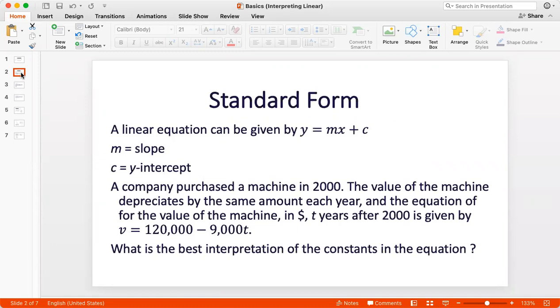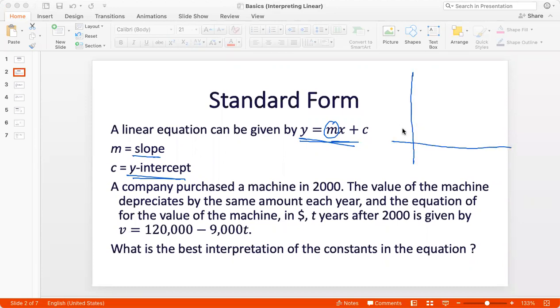We know that the standard form of the linear equation is given by y is equal to mx plus c, where m is the slope of the equation and c is the y-intercept. So if I were to draw this on the coordinate plane, and this was my equation y is equal to mx plus c, then this distance is c, since c is the y-intercept, and m is the slope of this line.